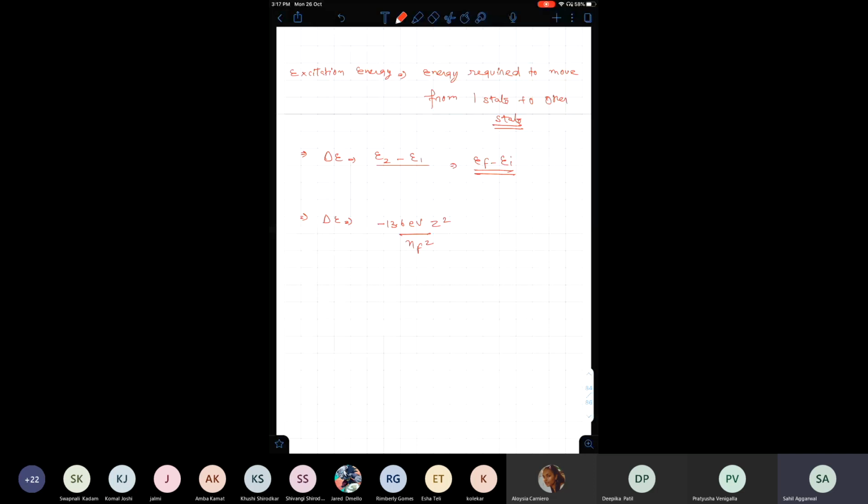So for this excitation energy, it's always from lower energy to higher energy and not opposite. Yes, obviously. If we are talking about energy required, then it cannot be opposite. Excitation energy will be positive. That means from low to high only, always.